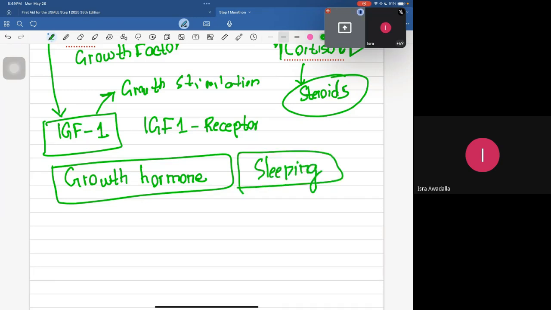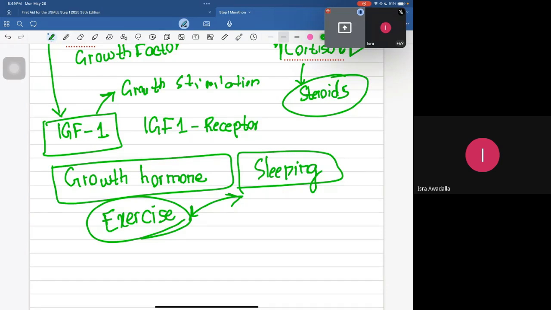So whenever athletes train, or whenever any person is bodybuilding, first of all, exercise is going to increase growth hormone. So whenever you are exercising, it is recommended that you sleep as well, because when you sleep, you will have an increased amount of growth hormone.